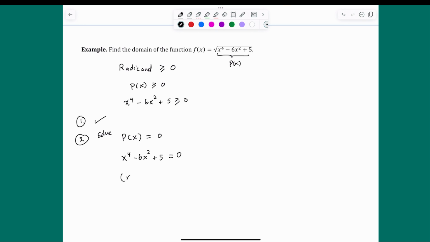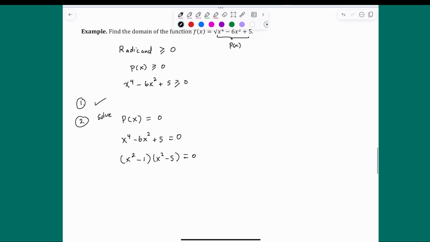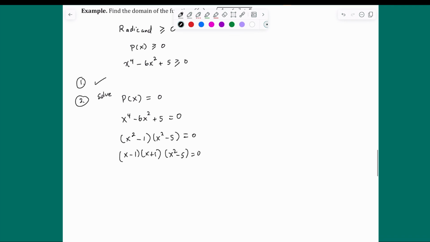It factors as x squared minus 1 times x squared minus 5. All right, the first one's a difference of squares, which factors as x minus 1 times x plus 1. Of course, x squared minus 5 is a difference of squares as well, but I'm going to leave it as an irreducible quadratic over the integers and solve each one of these.